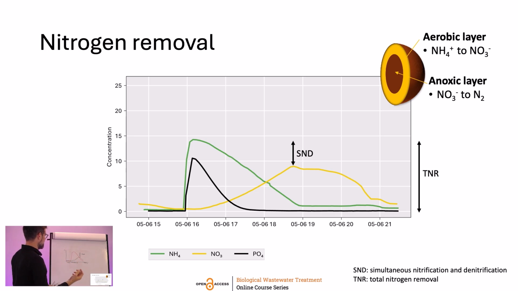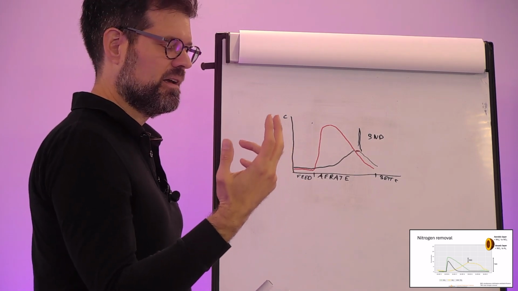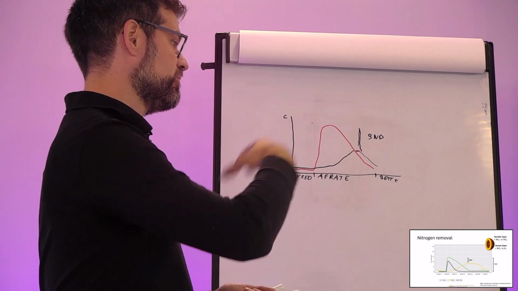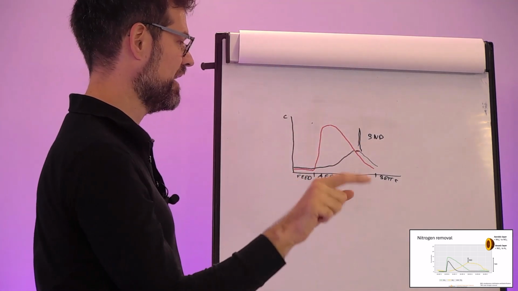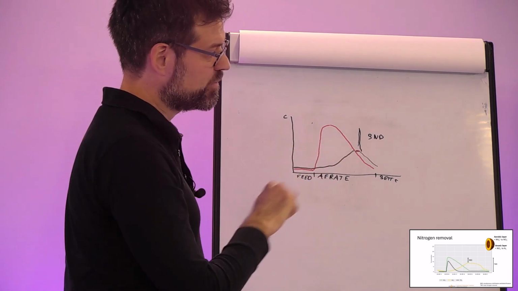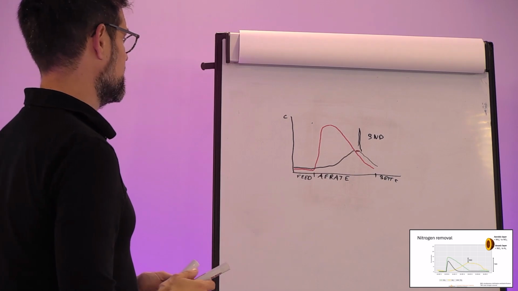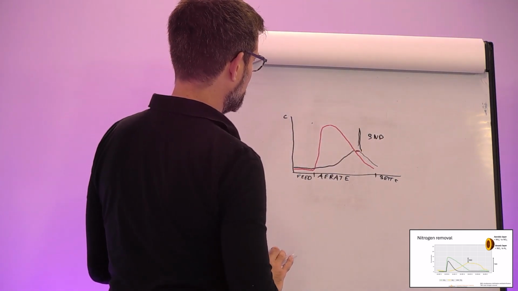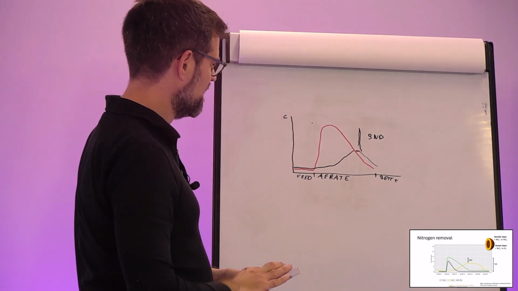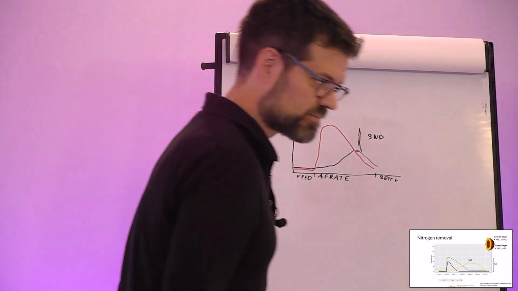And the result is that if we are converting ammonia to nitrate in the outer layer of the granule, in the inner side of the granule we can already convert it from nitrate back to nitrogen gas or dinitrogen. So that will be happening already during the main aeration, but I draw it here as simultaneous nitrification, denitrification.